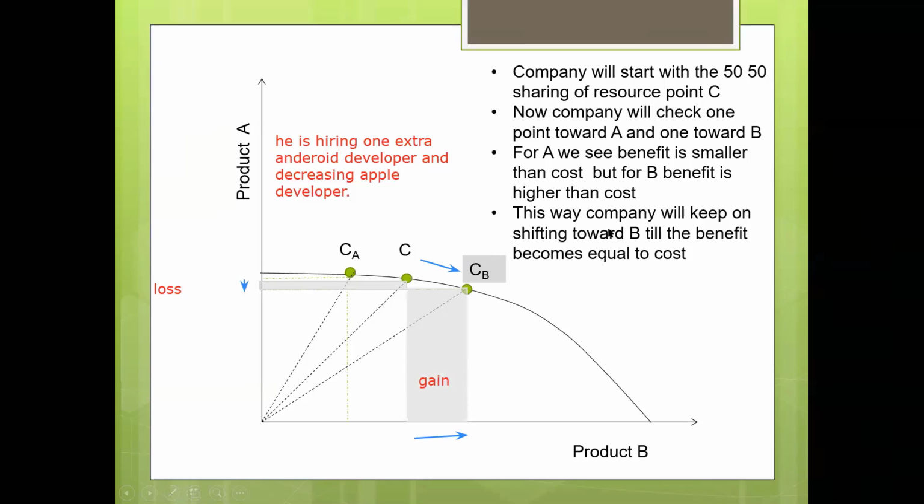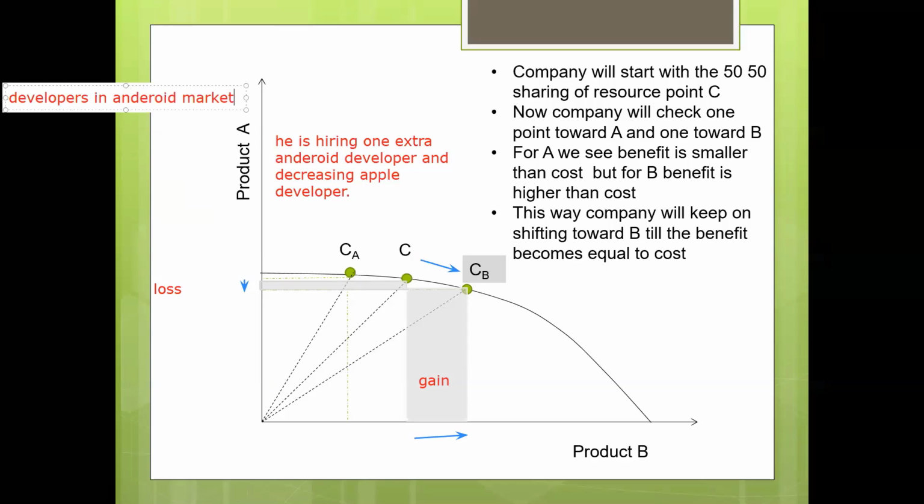Why is it more than the loss? Because we have already discussed that the developers in the Android market are more skilled and productive in this example.